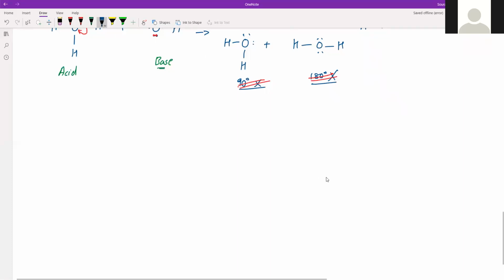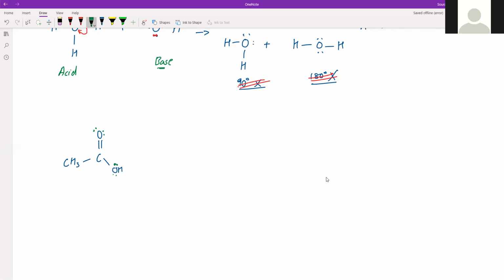That is, suppose we have an acid, a carboxylic acid, say for example CH3COOH with a double bond to O. What do we know about the lone pairs? The lone pairs here are on this oxygen of OH, there are two lone pairs, and then on the oxygen which is forming a double bond, there are 2 lone pairs as well.